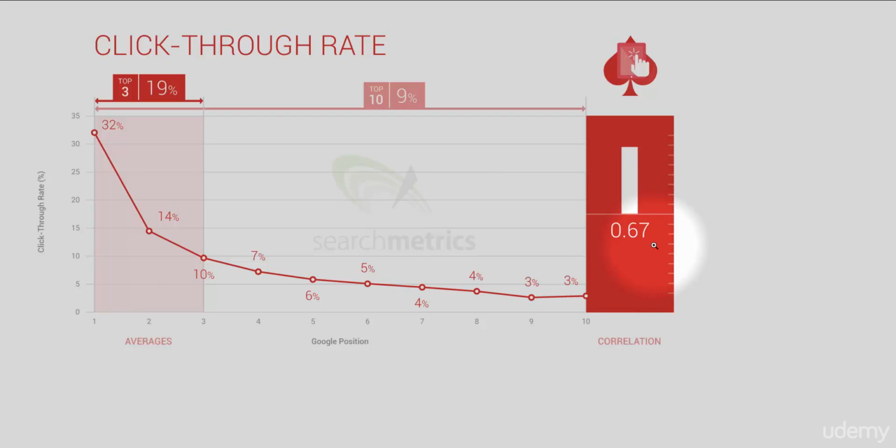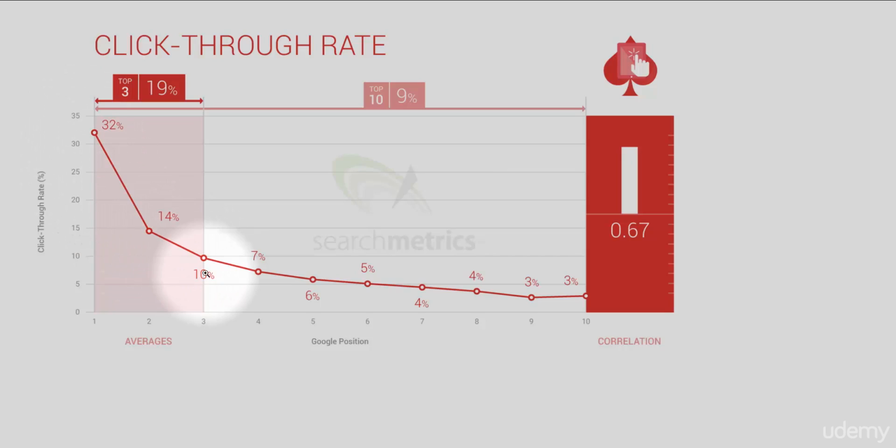Also, you can see the correlation factor is 0.67, which is the highest of any search engine ranking factor that we have seen till now in this course. So what does this 0.67 correlation mean? In these top 10 search results, you can see that the CTR of the second search result is 14%, which is lesser than the first.